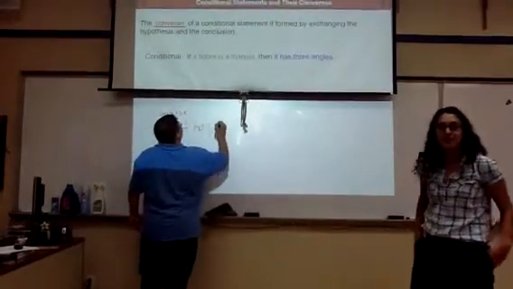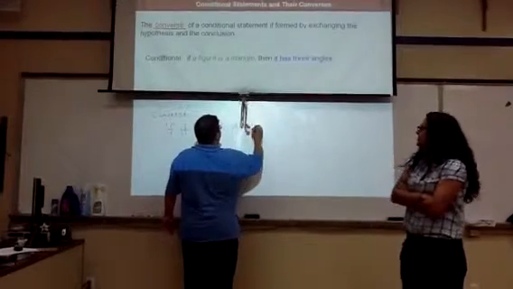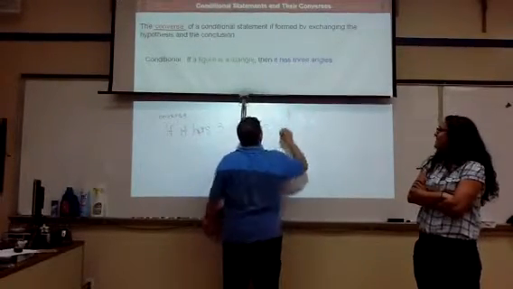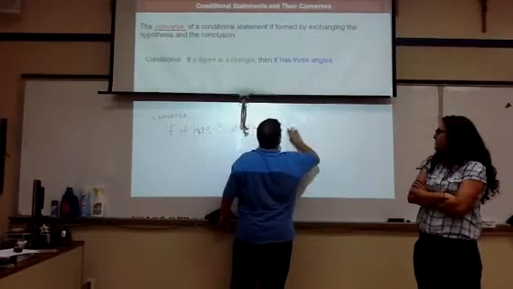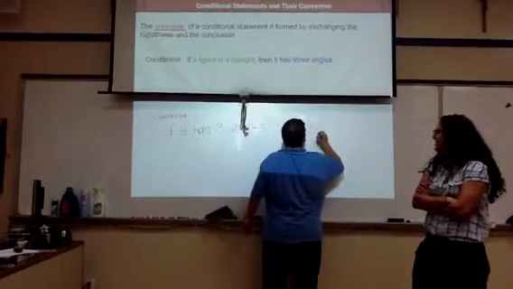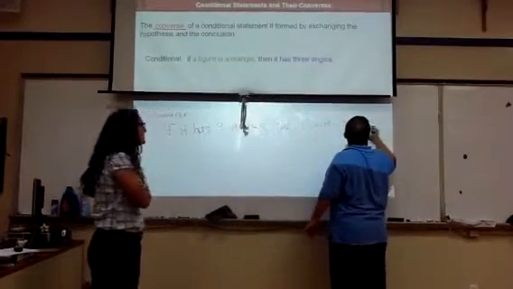To write the converse, we're just going to switch the hypothesis and the conclusion. If it has 3 angles, excuse me, 3 sides, then the figure is a triangle. Very good.